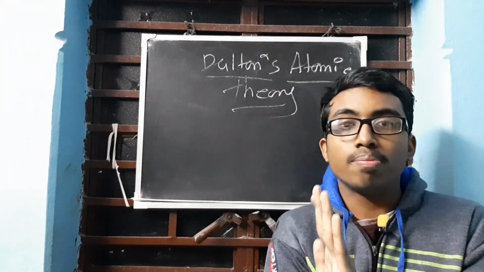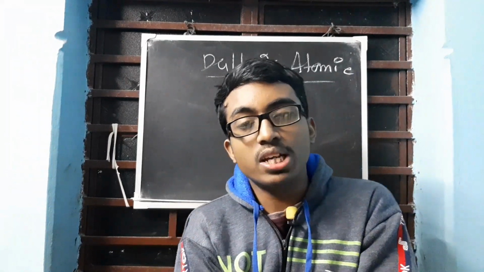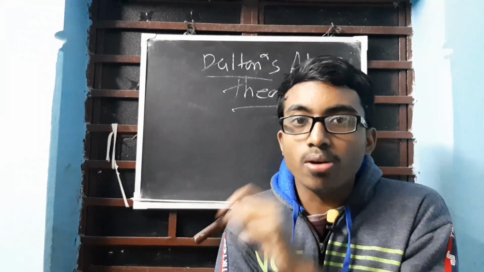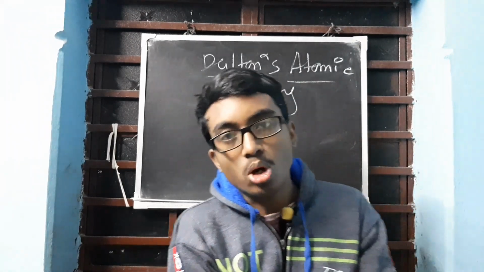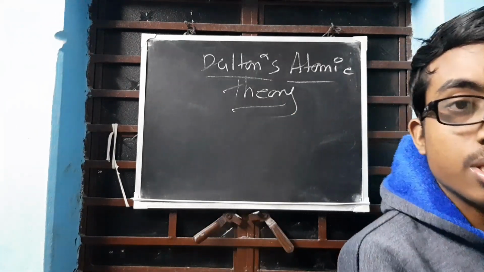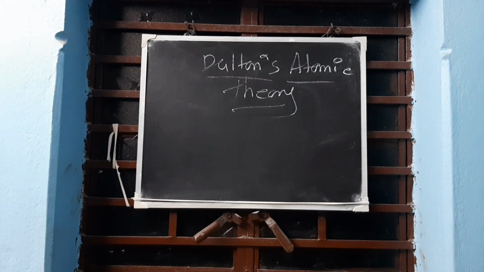Then atoms of one element combine with atoms of another element in a fixed simple whole number ratio to form compound atoms. So more or less all the postulates are important, and you cannot skip a postulate because this is a theory. Clear or not clear?